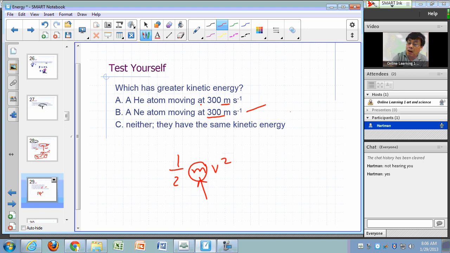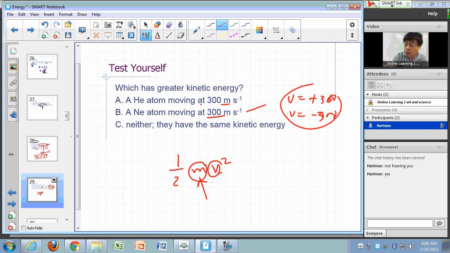What if my velocity here was negative 300 and my velocity over here was positive 300? Would that make a difference? It wouldn't make a difference, because what we're calculating here is the square of the speed, and the magnitude of the velocity is just the speed.